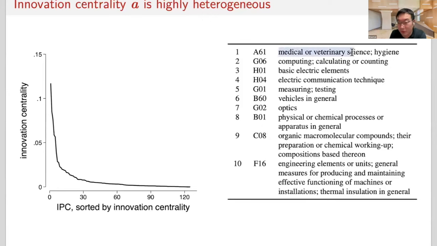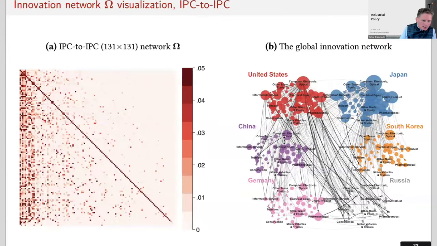The most central sectors are medical science, computing, basic electric elements, which is semiconductors, electric communication techniques, and so on. And the figure on the left plots the centrality sorted by sector. So the most central sectors are much, much more central, and R&D in those sectors is much more important for growth than in the peripheral sectors. A visualization of the network.